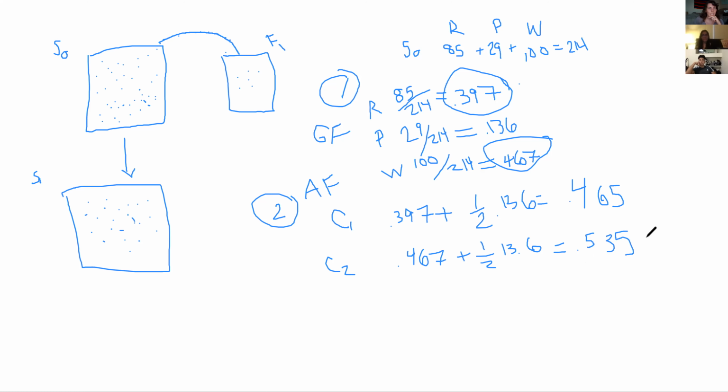So pretty even, decently even. Okay, now we have our allele frequencies. We can project out into the future and determine what we think our future population will look like. That is step 3.